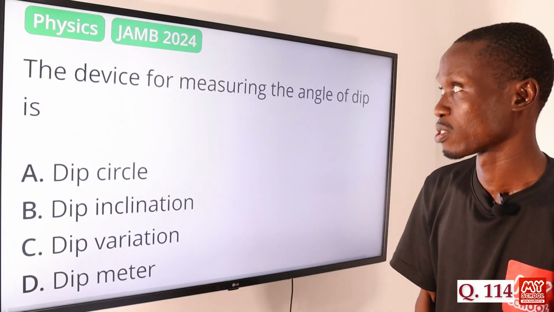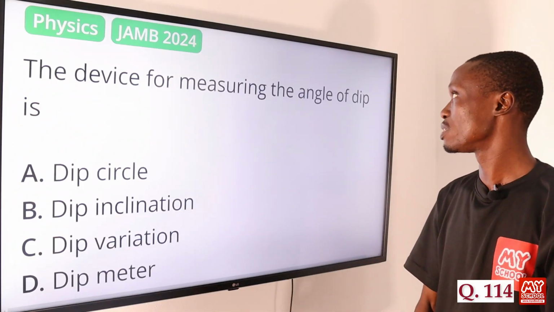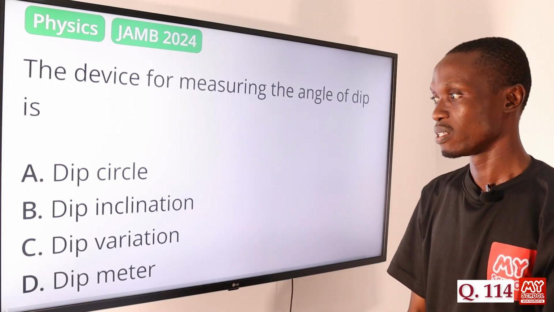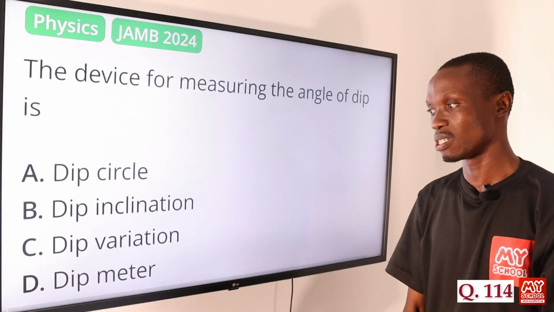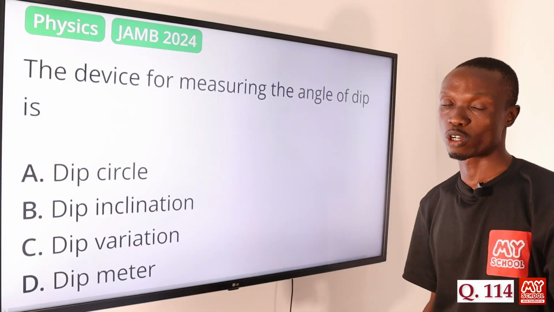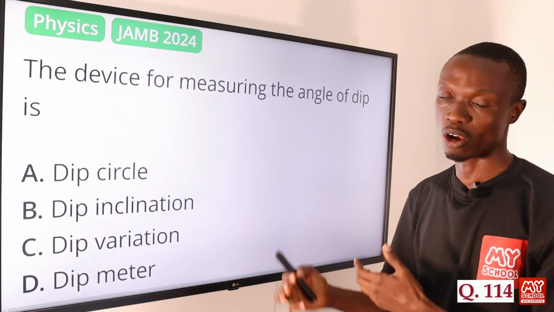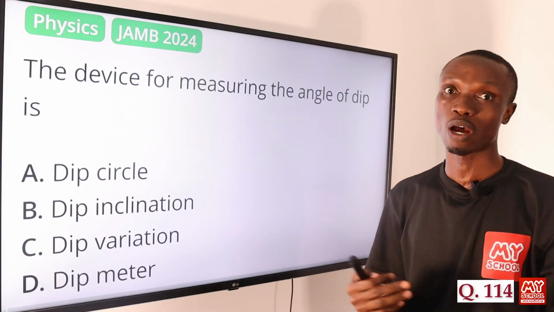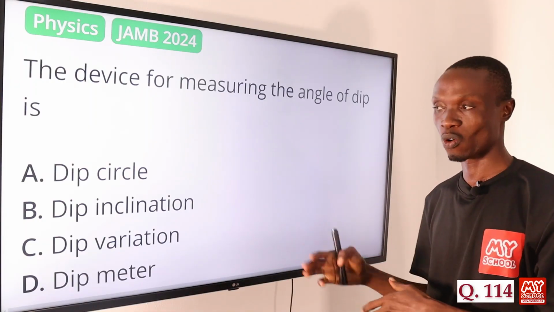Question 114. The device for measuring the angle of dip is A, dip circle, B, dip inclination, C, dip variation, and D, dip meter. So the answer to this question is option A, dip circle. Another word for dip circle is declinometer.